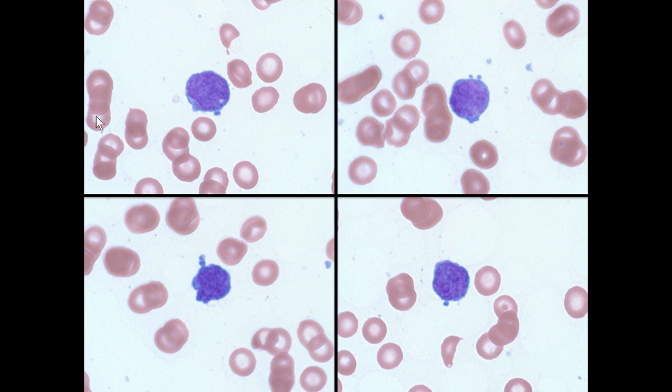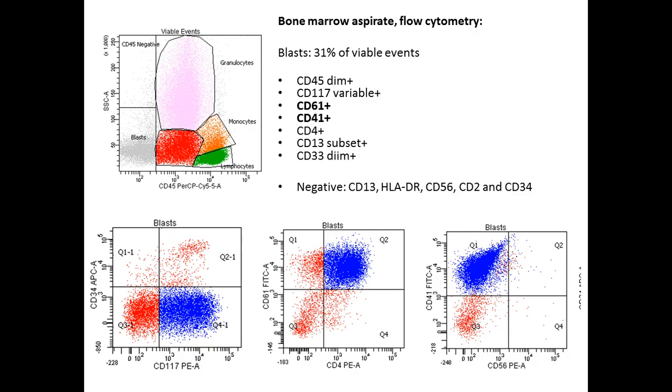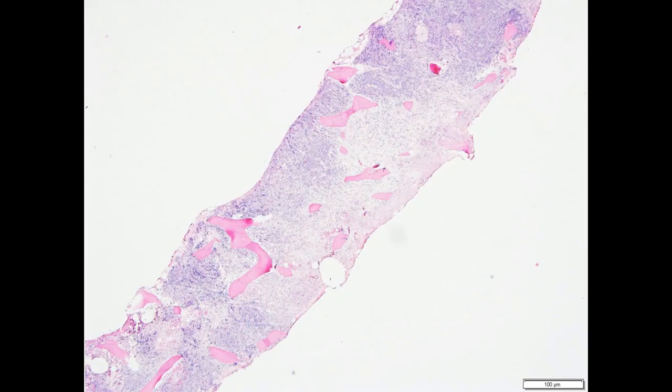You again can appreciate the blebs, and sometimes can even see these blebs circulating in a manner similar to platelets. Here we have another CD45 dim, CD117 variable tumor that's co-expressing megakaryocytic markers. In this case, they comprise about 30% of all of the events.